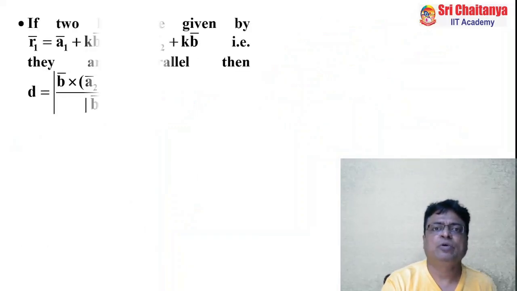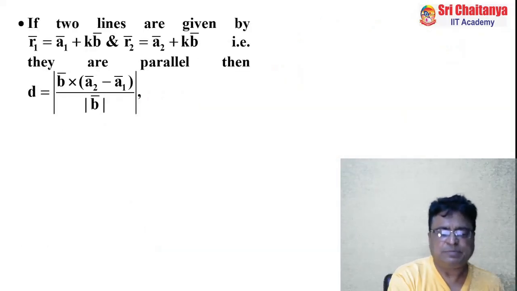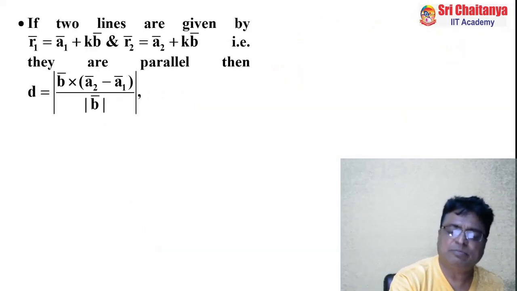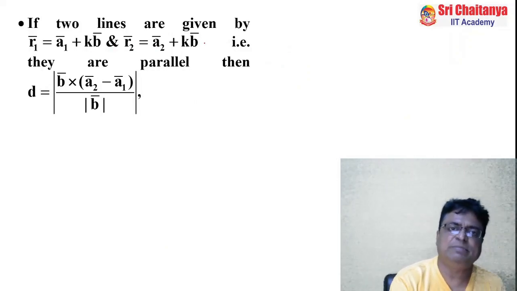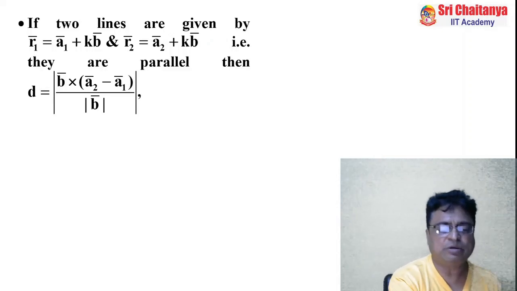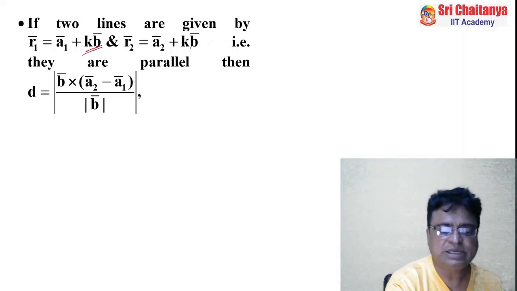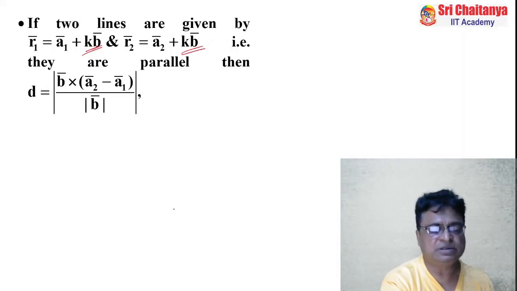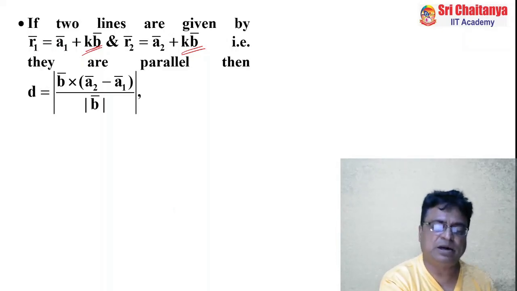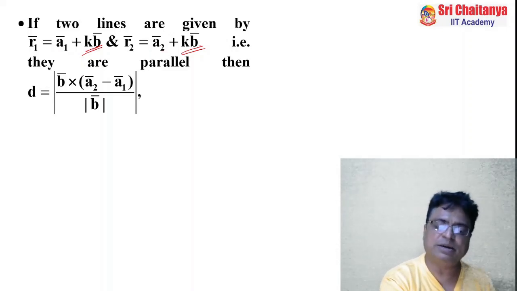Now suppose R1 bar is equal to A1 bar plus K B bar and R2 bar is equal to A2 bar plus K B bar. These are two parallel lines. How can we say these two are parallel? See, K B bar and K B bar are given, because this is the equation of the line passing through point A1 bar and parallel to B bar, and this is also the equation of the line passing through point A2 bar and parallel to B bar.